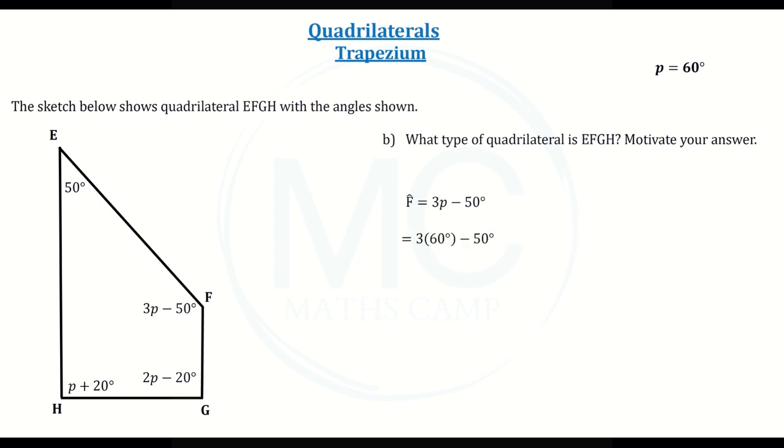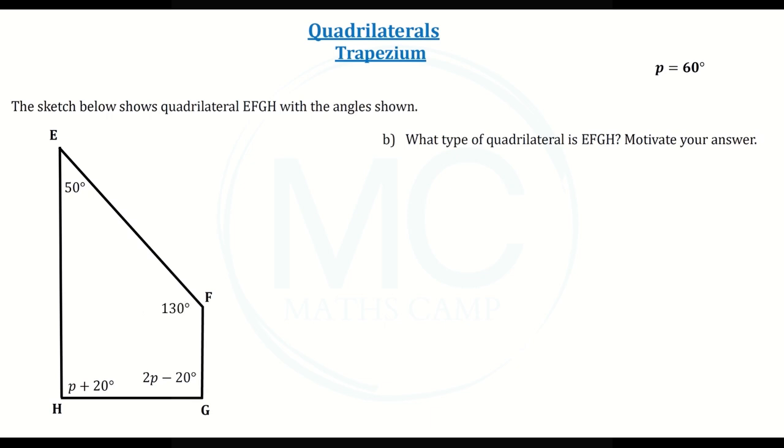Let's expand our bracket. 3 multiplied by 60 gives us 180 degrees minus 50 degrees, which gives us a total of 130 degrees. Angle F is 130 degrees. So let's make some space. Let's take out 3P minus 50 degrees, and we can write in 130 degrees.